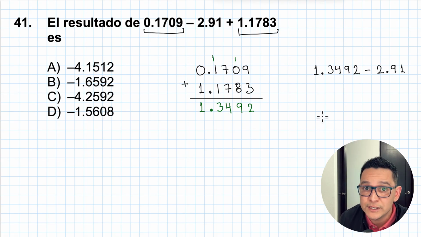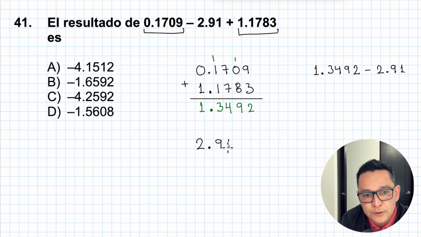So what I'm going to do is reverse the operation. That is, I'm actually going to do 2.91 minus 1.3492. And then, whatever result I get, I'll just change the sign. Look, follow along with me so you can see what I mean. So I'm going to write 2.91 first. Okay, I put the minus sign, and now I'm going to write 1.3492.